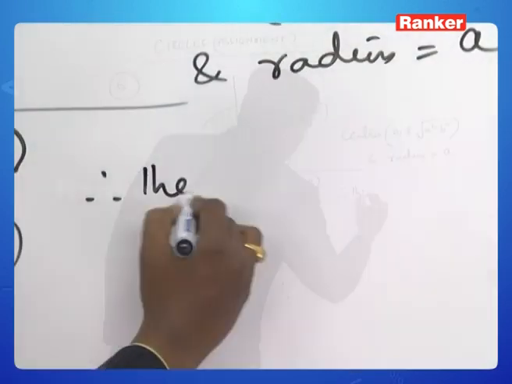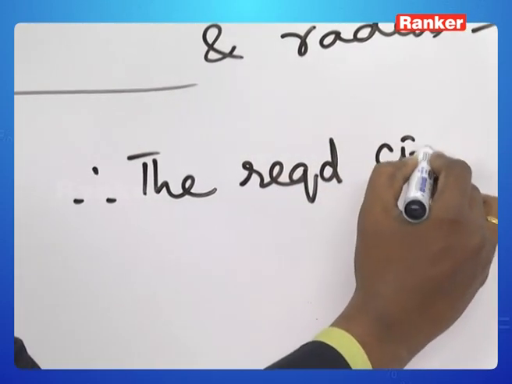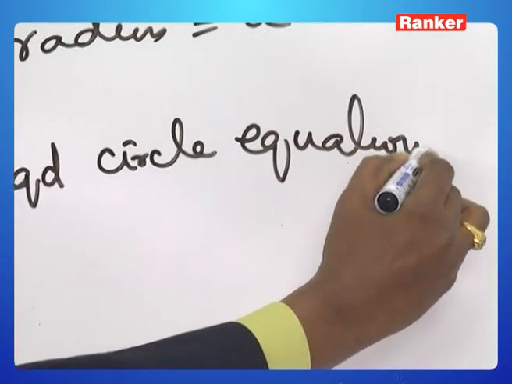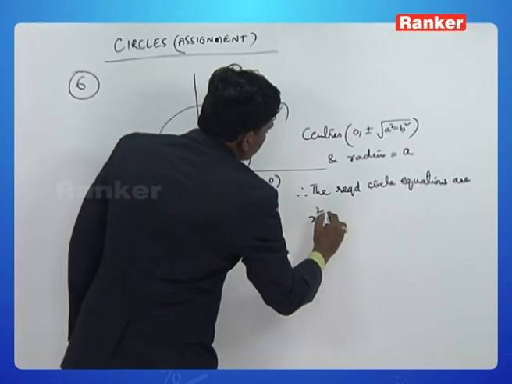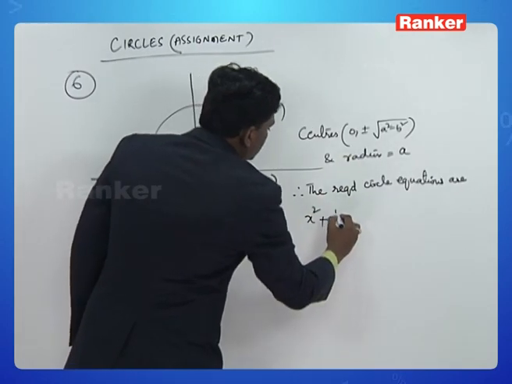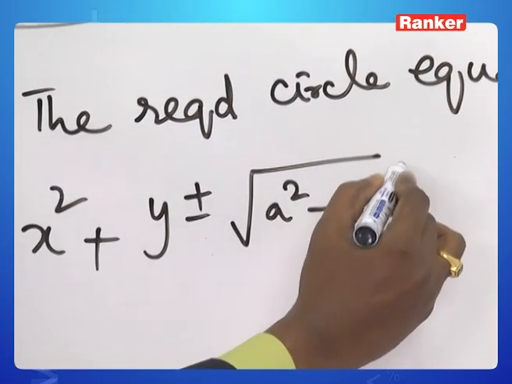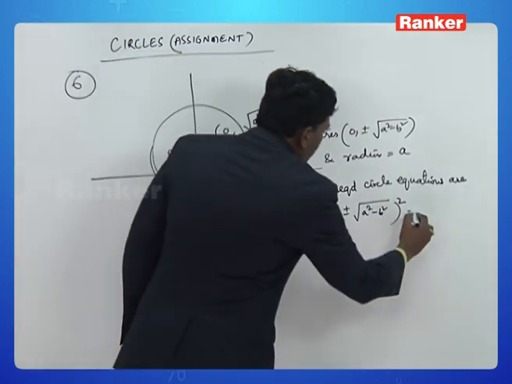Therefore, the required circle equations are x minus 0 whole square plus y plus or minus root of a square minus b square whole square equals a square.